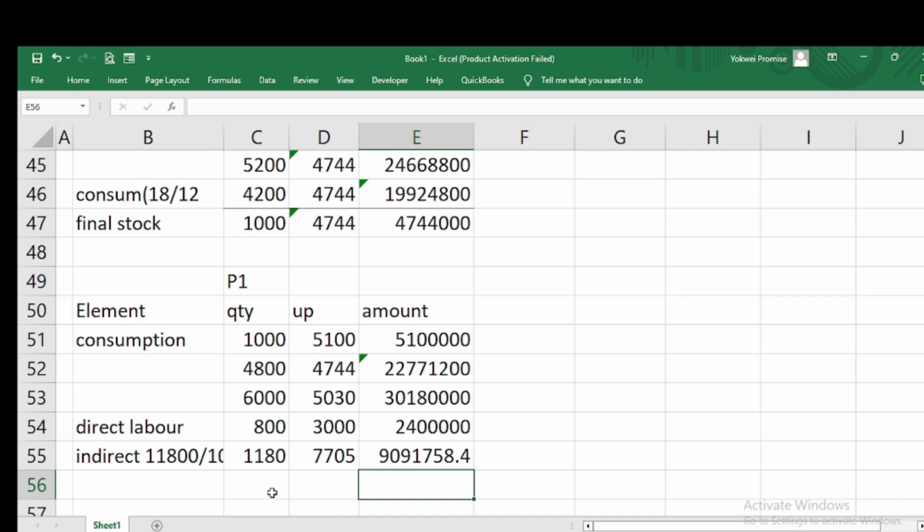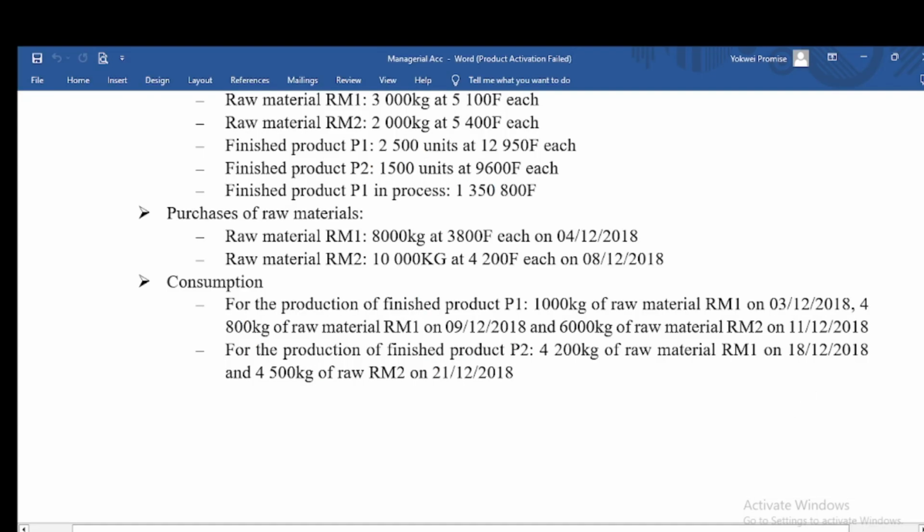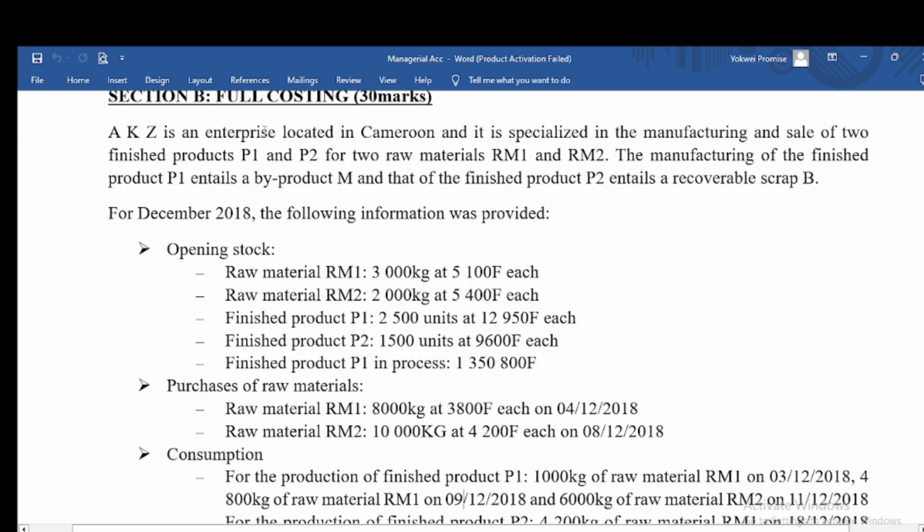Then the next one, let's see it together. It says that the manufacture of finished product P1 yields a byproduct M, and that of finished product P2 yields a recoverable scrap. So for the production of finished product P2, we are going to use the recoverable scrap, but for finished product P1, we are going to use the byproduct. So let's get back to the question.